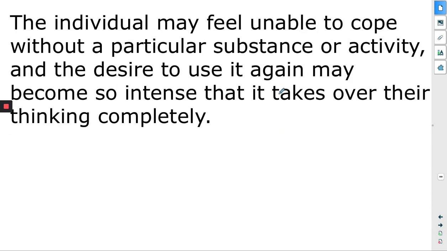Okay? But the problem is having these dependencies and ultimate cravings does make it extremely difficult to end addiction, because we have this sense of being unable to cope. So the difference between potentially an addict and a non-addict or just a user is this ability to cope or to take control.